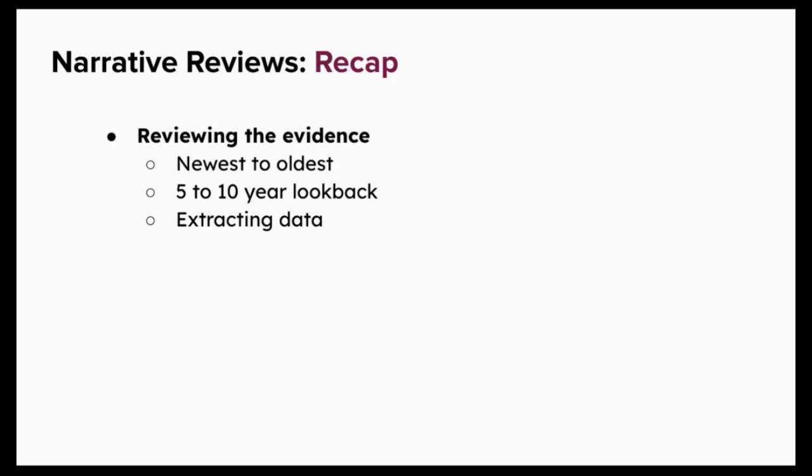You can extract data for summary purposes, but you can also, as we've just been looking at, extract data for thematic purposes or analysis by choosing to pull out different themes or different parts of the research to highlight those to the reader.